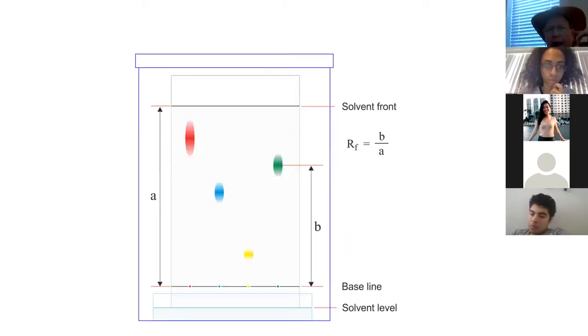So if I'm looking at a TLC plate and I'm looking at my green spot over here, to calculate my RF, all I'm going to do is measure from where I started to how far this spot moved up the plate. That's going to be the distance my sample moved.